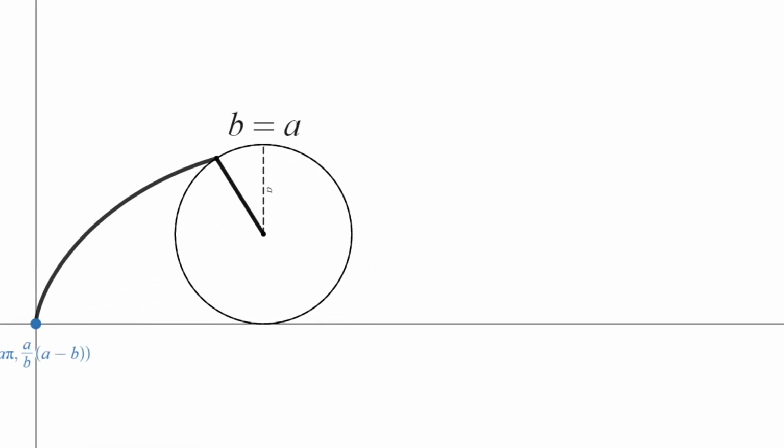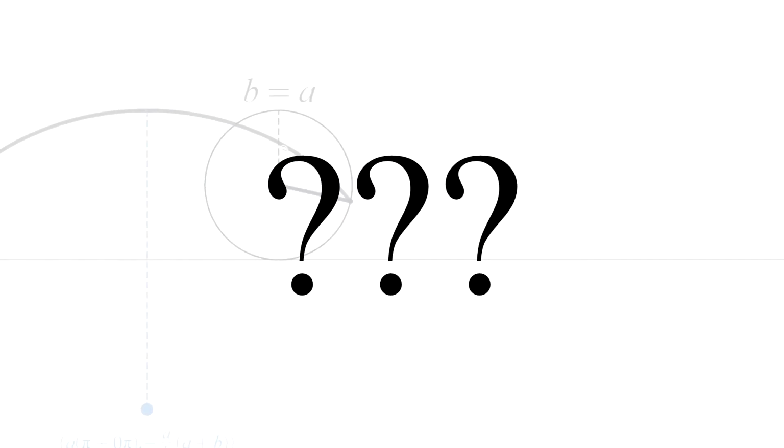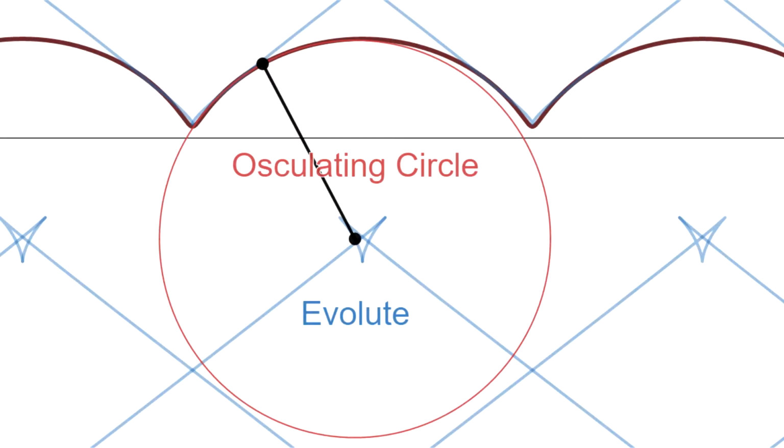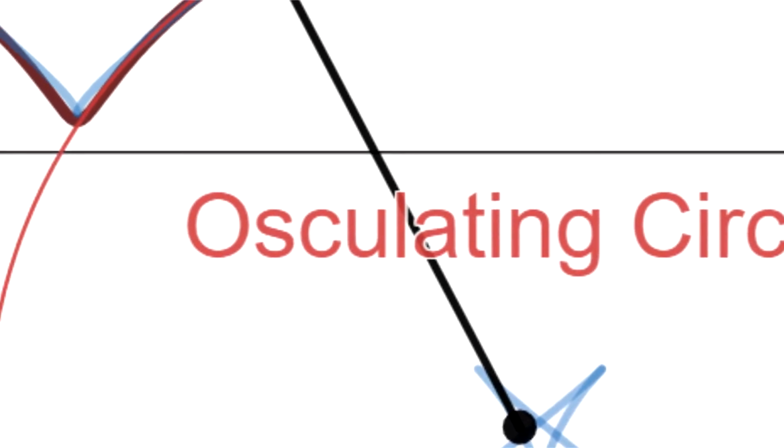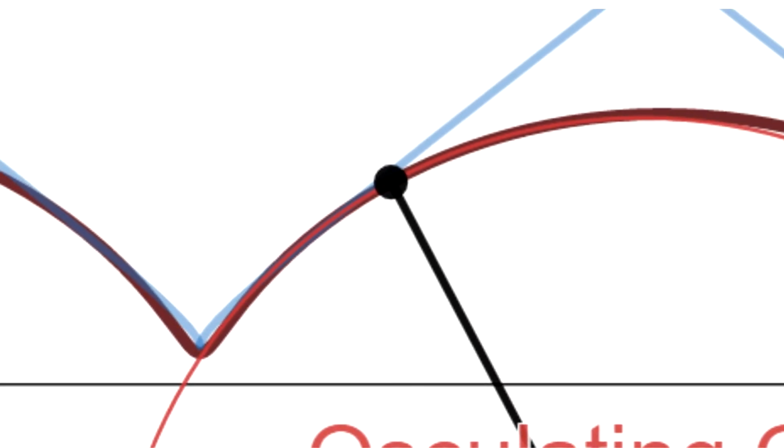However, in behalf of all these cases, how do I know that these are indeed the right pseudofoci of the trochoid? Well, this is where we draw an osculating circle where its radius starts from the evolute to the point on the trochoid it corresponds to.